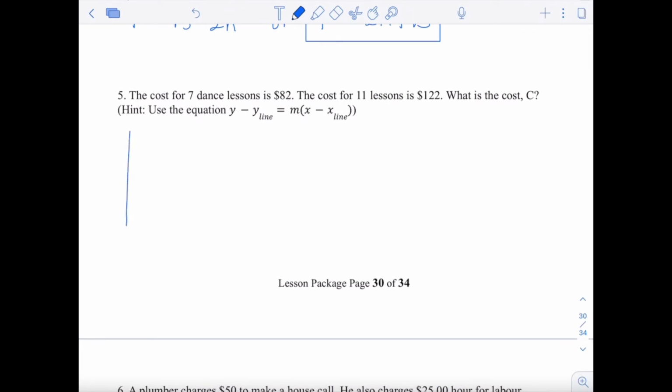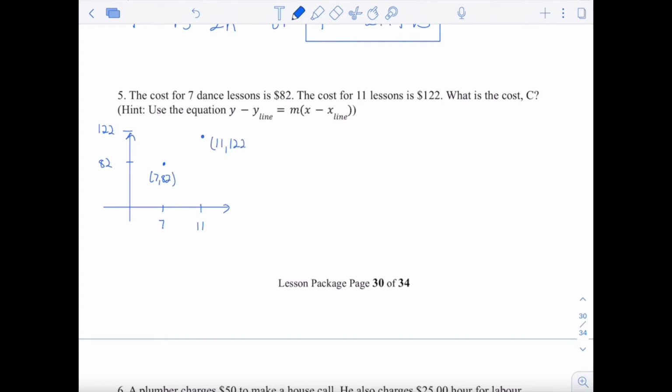If I were to think of this as a line being plotted, I can see that for 7 dance lessons, the cost is $82. I'm just visualizing this, it's not to scale by any means. And at 11 classes, I'm going to have $122. So we can think of these as coordinates.